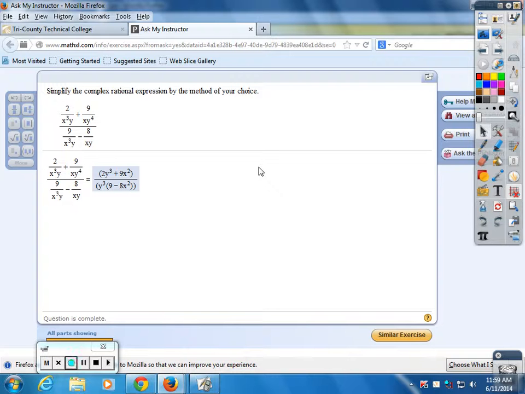It starts out like this. Then you come down here and you do the reverse FOIL. You've got to find a common denominator. See, this right here will be like 2 and 3, and that would be 2 and 2. This is the problem right here. I have a hard time determining what my common denominator is going to be.